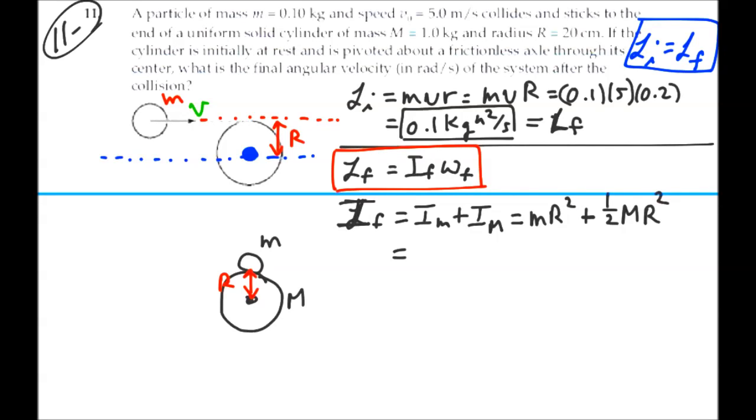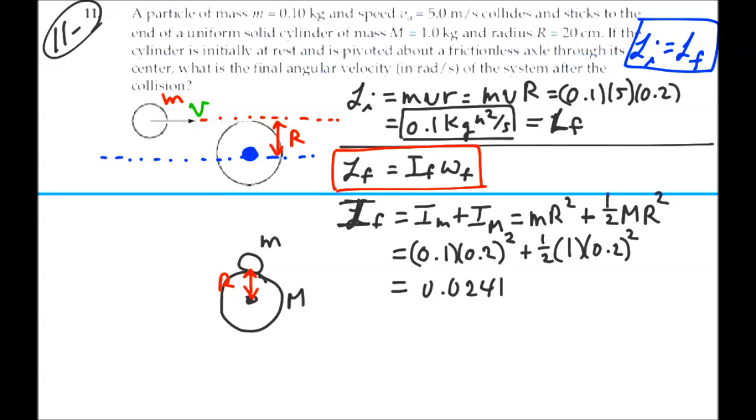In terms of numbers, this is going to be 0.1 times 0.2 (for 20 centimeters) squared plus 1/2 times 1 times 0.2 squared. And that is equal to 0.024 kilogram meter squared. So that is our final moment of inertia of the system.